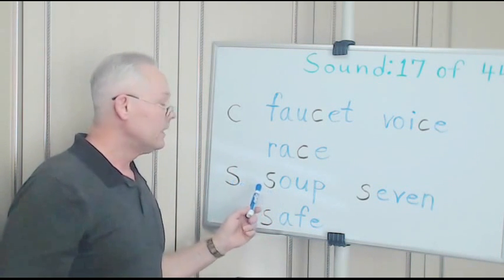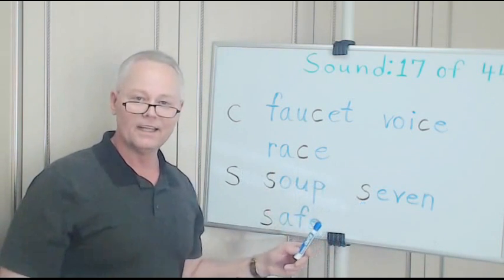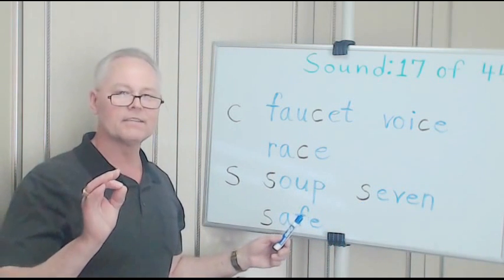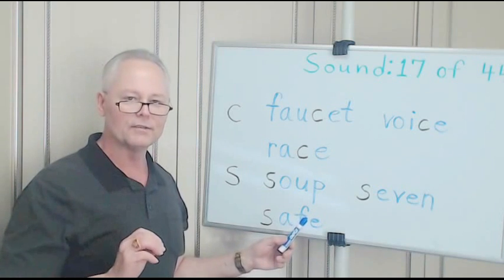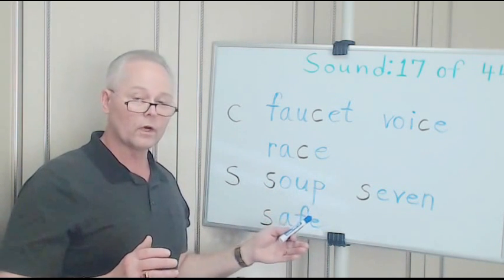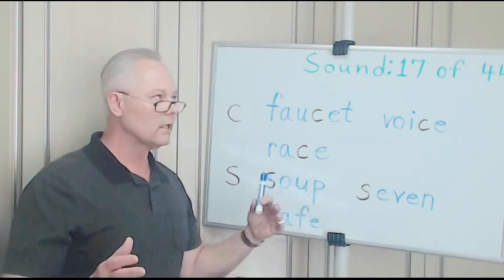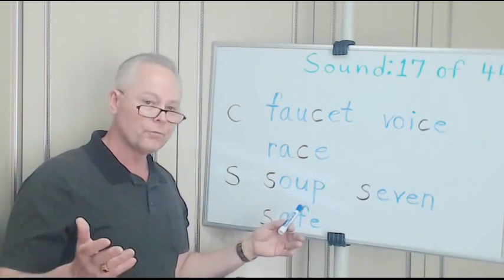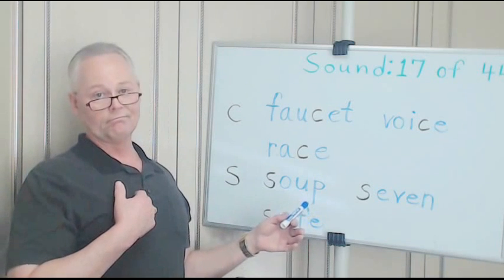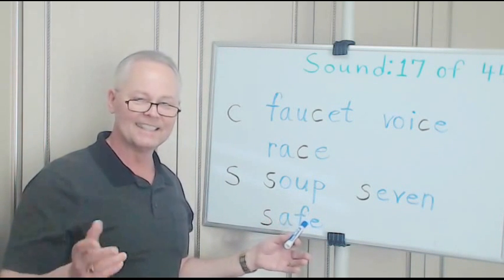But S in those words, nose, noise, had a little bit of a Z tinge to it, right? Okay, so like I've mentioned before, these sounds can run so close together. You have to be careful. I'm an English teacher. We all make mistakes.